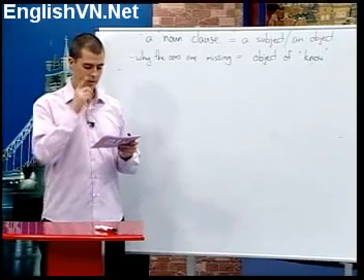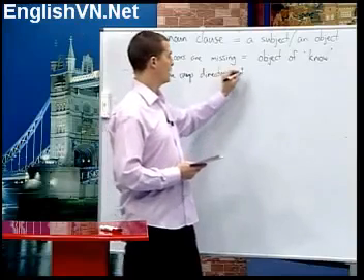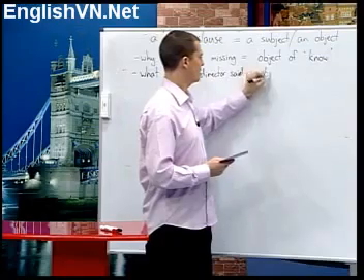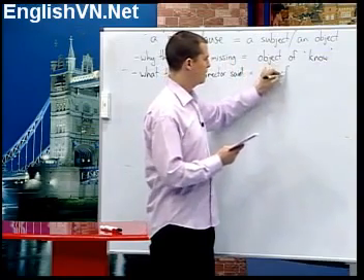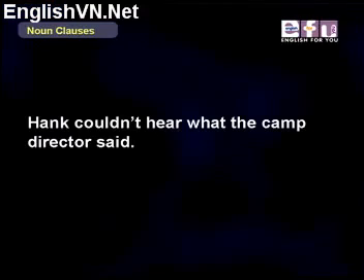Okay, the second sentence, what the camp director said. This is a noun clause, and it is the object of the verb hear. The sentence was, Hank couldn't hear what the camp director said.